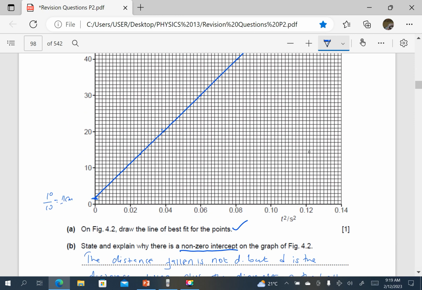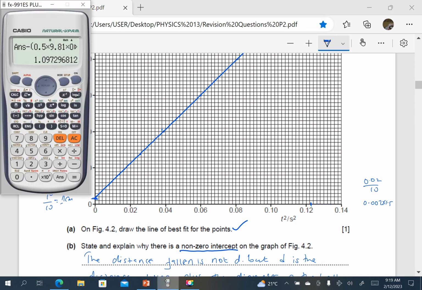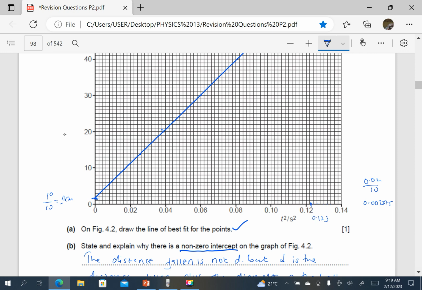On the x-axis, each small square is 0.02 divided by 10, so it is 0.002. So this is 0.002 times 1.5 small squares. That is 3 times 10 power negative 3 plus 0.12, so that is 0.123.